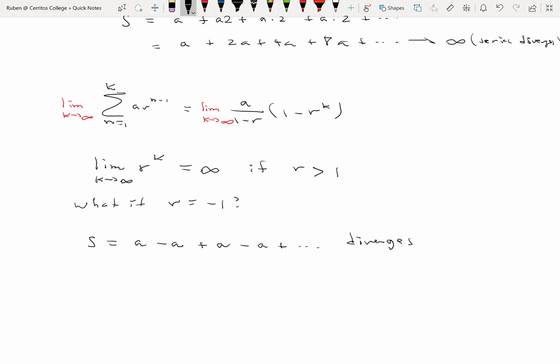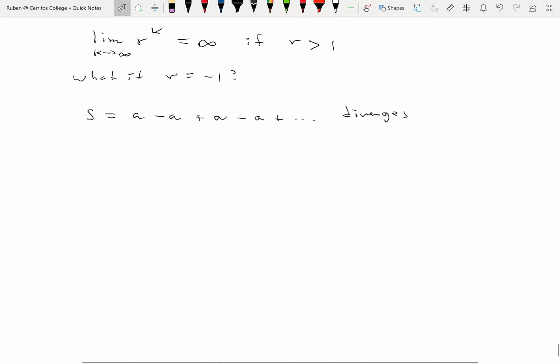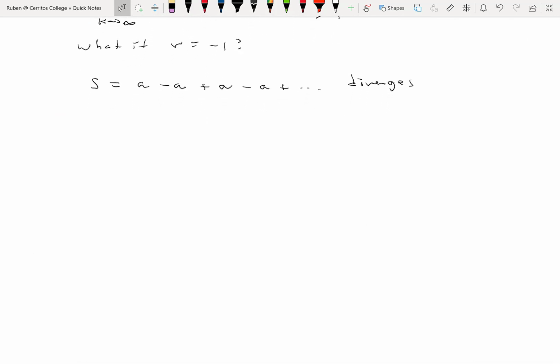The same argument can be made if R is less than -1. So the bottom line, and this is a huge bottom line if you got lost in all this computation, about geometric series, and you memorize this, this is very important for you: the sum of AR to the n-1 as n ranges from 1 to infinity does one of two things.